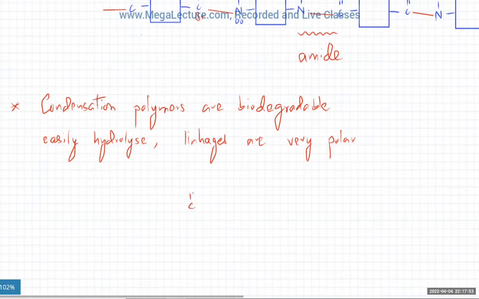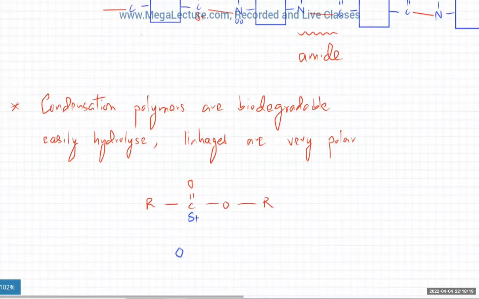So as an example, if I have an ester link, whatever the molecule is, let's just put an R over here. I don't care what's on this side. Let's say there's an ester link. Firstly, the carbon is really positive.